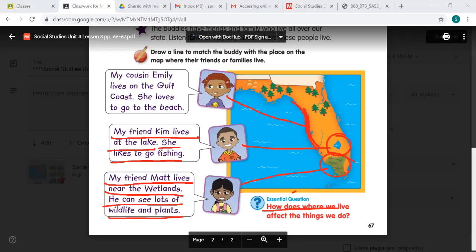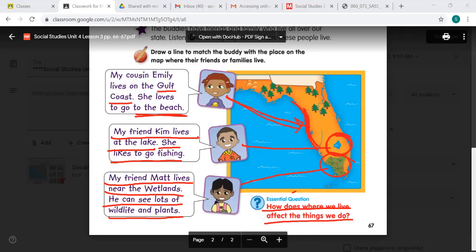So how does where we live affect the things we do? The first buddy said their cousin lives on the Gulf Coast. So what can she do if she lives on this Gulf Coast over here? She can go to the beach because she lives right close to it. All right, our next buddy says his friend lives at the lake and she can go fishing because she lives near the lake.